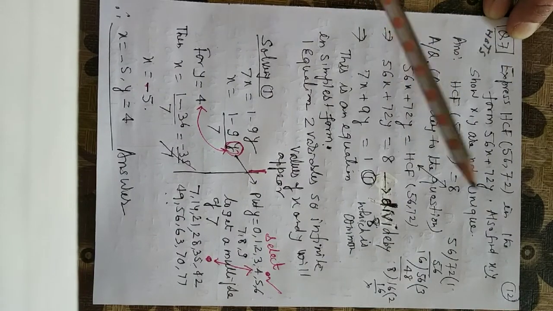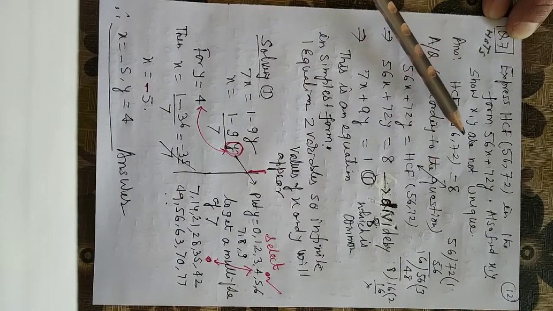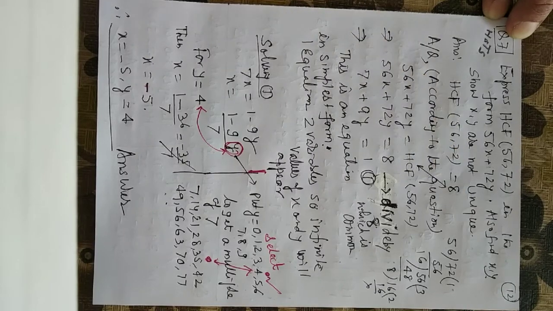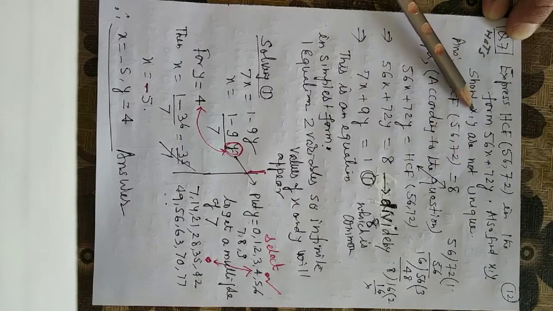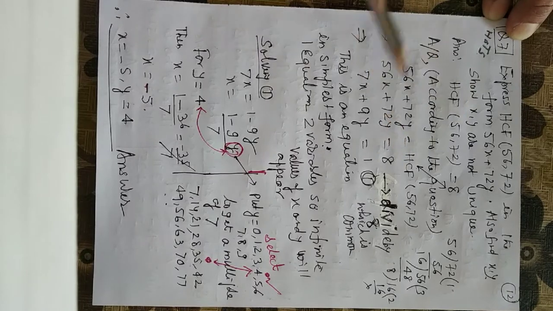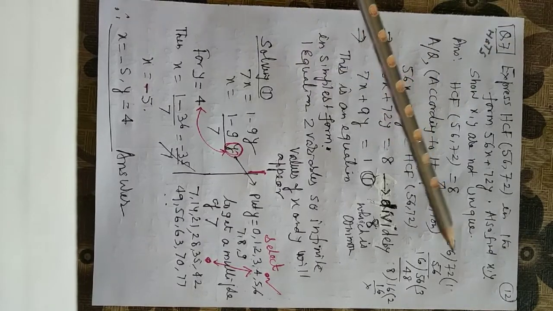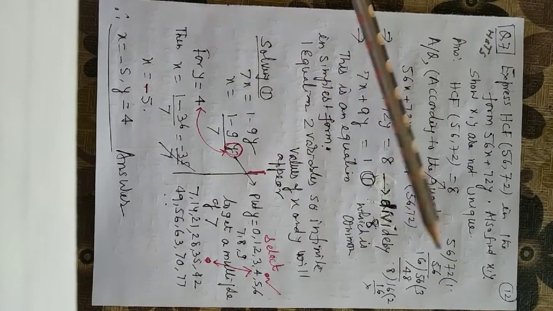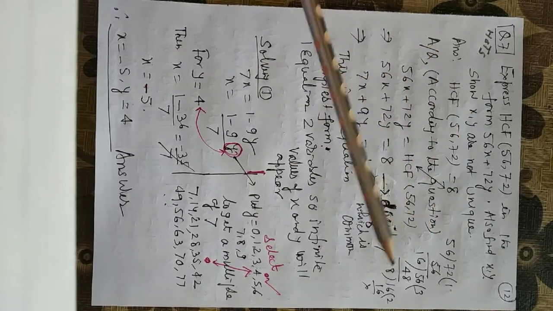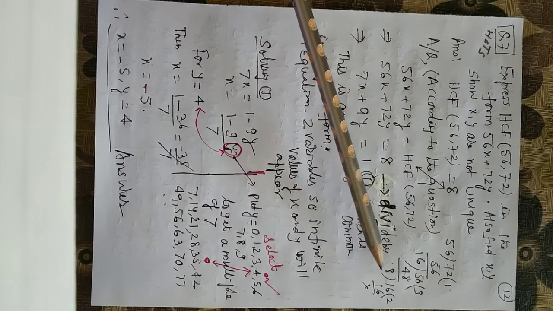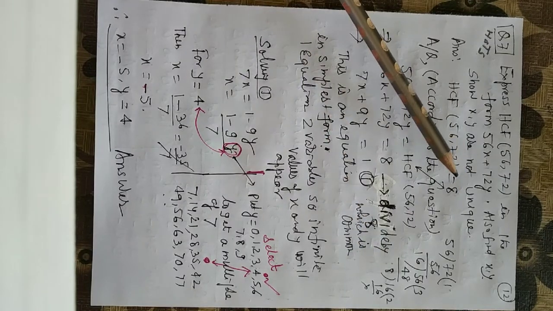Express this and also find x and y, so that x and y are not unique. It means there may be many values of x and many values of y. You know the HCF of 56 and 72 is 8. So first of all we have obtained the HCF of 56 and 72, which is 8. The first part of the problem is over.